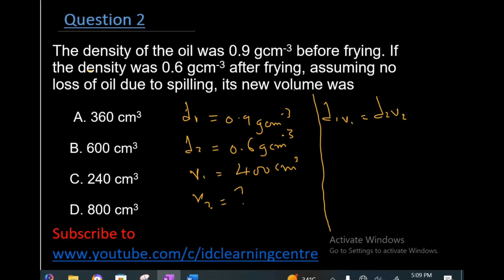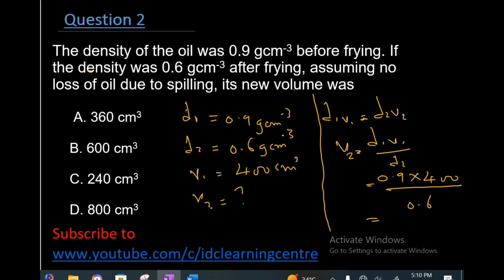Making V2 the subject of the formula, V2 is equal to D1 V1 all over D2. Substituting the values, D1 is 0.9 grams per cm cube, V1 is 400, that's constant, all over D2, which is 0.6.